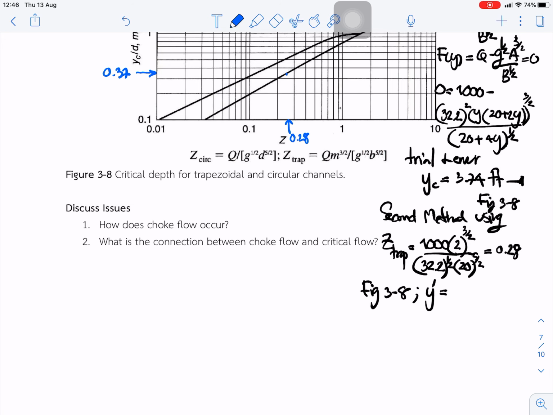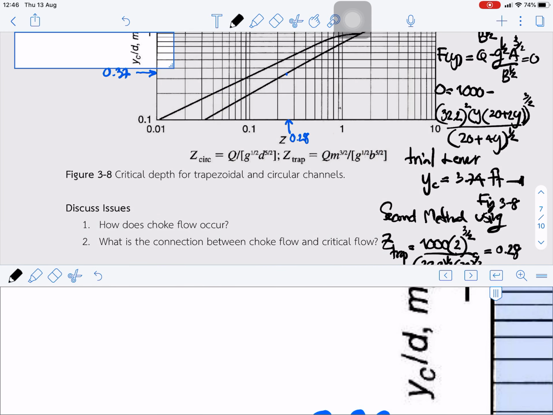So we got y prime equal to m yc over B. In this case, we can estimate yc from the width divided by the slope m.